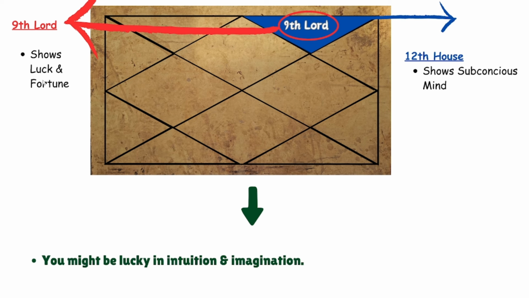Ninth lord shows luck and fortune, and 12th house shows your subconscious mind. Okay, so you are lucky in terms that you have gotten a very intuitive and imaginative mind. So you should use this to maybe earn wealth. You could be a good fantasy writer.